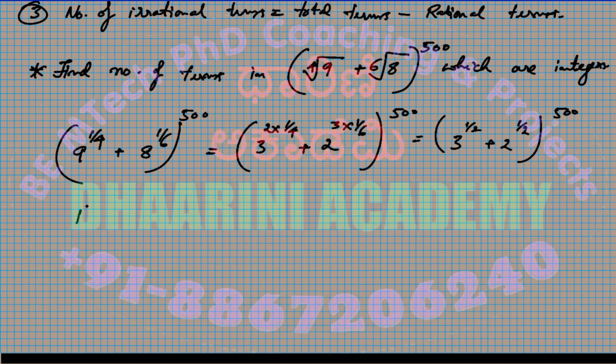So write the (r plus 1)th term. This is 500 Cr into 3 to the power 1 by 2 to the power (500 minus r), and 2 to the power half to the power r.